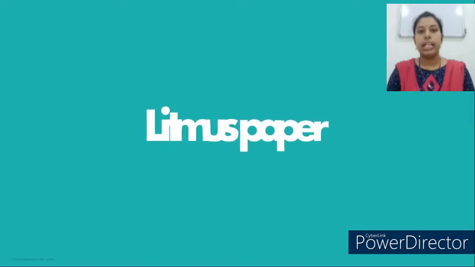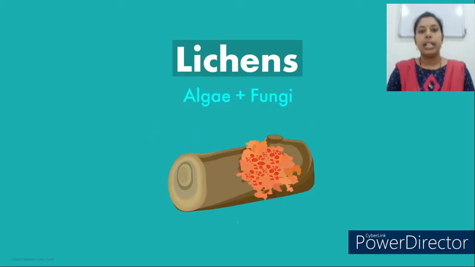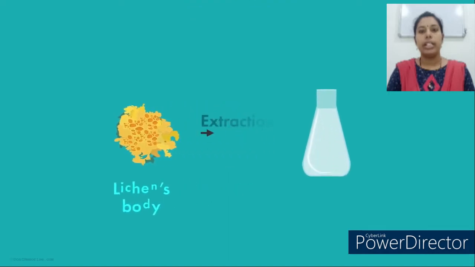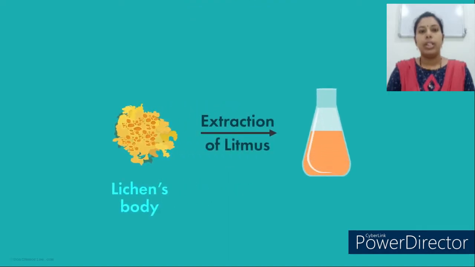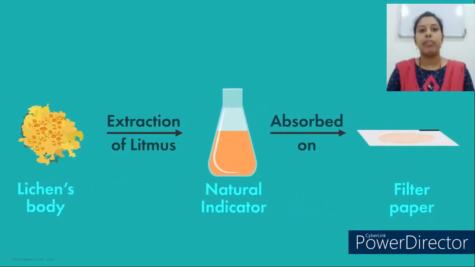The next indicator is litmus paper, a substance extracted from the lichen's body called litmus. It's used as a natural indicator. Litmus paper is a finger-sized strip of paper soaked in litmus solution and dried.